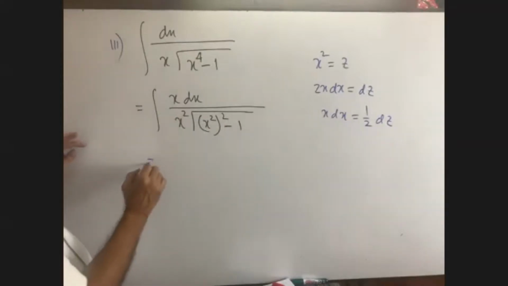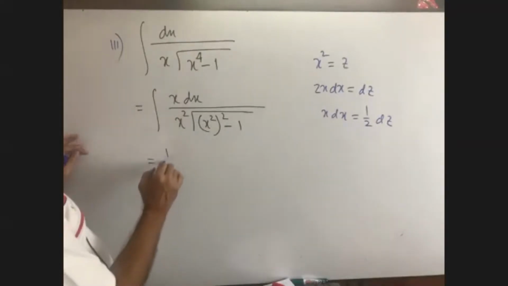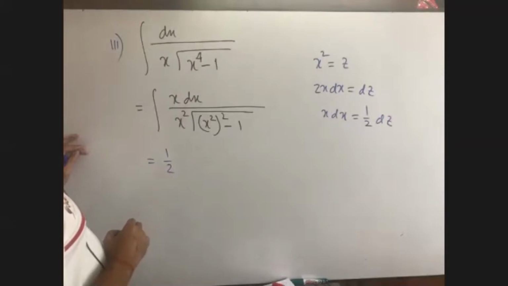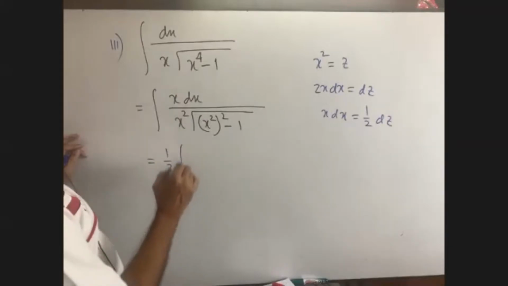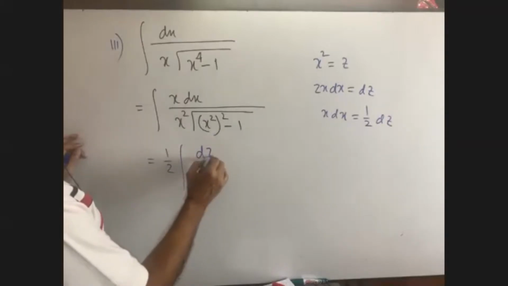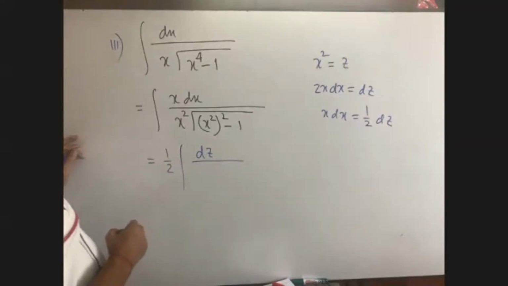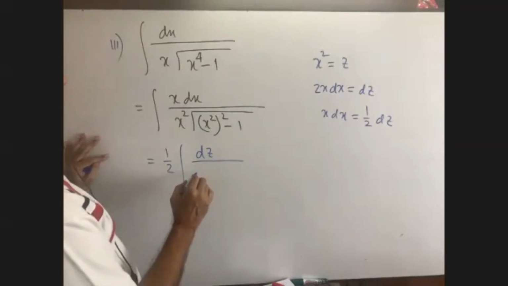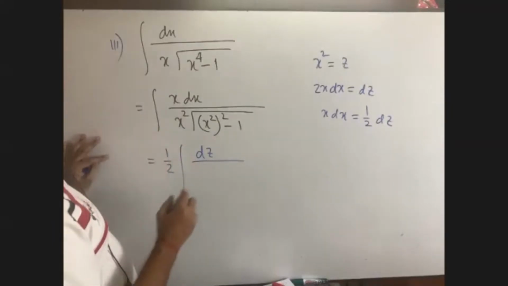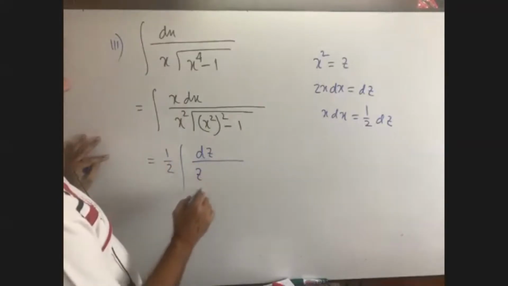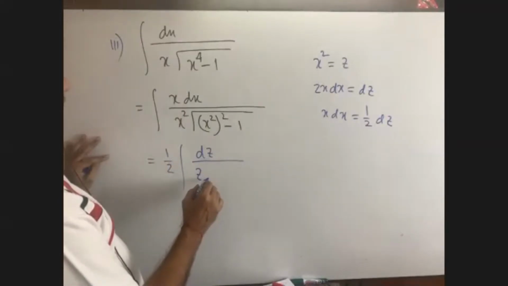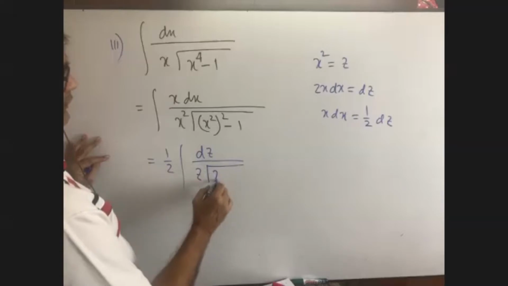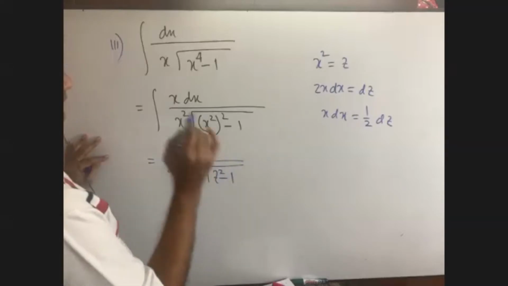That means we are getting half dz by z root over z square minus 1.